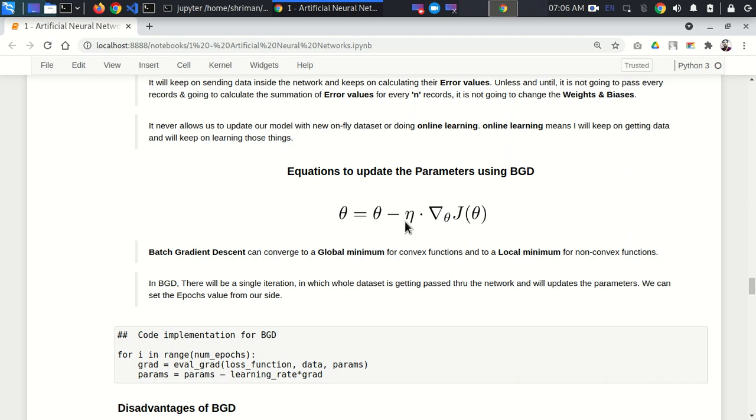We multiply both of them, and this product is subtracted from the older weights, theta old, and the difference gives the newer values of that parameter. So in terms of BGD, theta new will be theta old minus eta into delta theta into j theta, and this is the equation they have given.